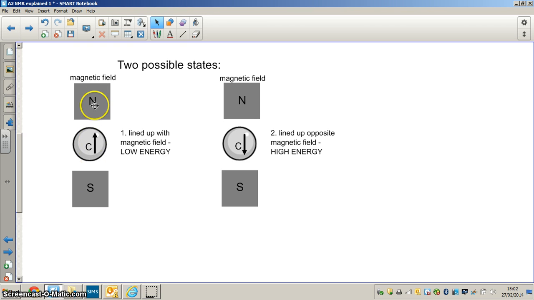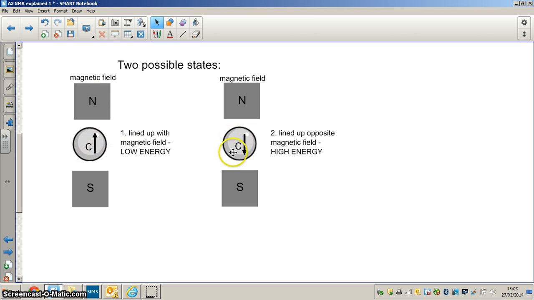There is a state where the little bar magnet created by the spin in this carbon nucleus is lined up with the magnetic field. And we can imagine that this atom has a low energy because the little bar magnet in the nucleus is lined up and matches the magnetic field.